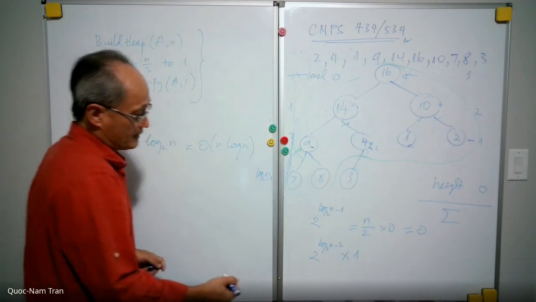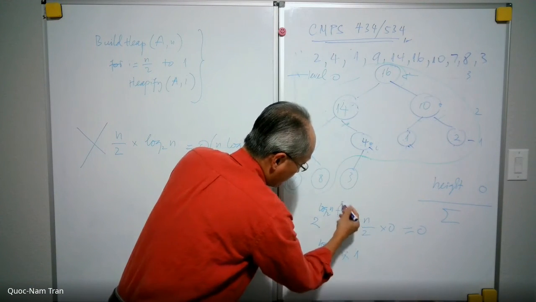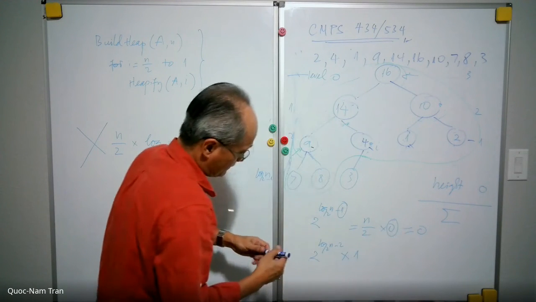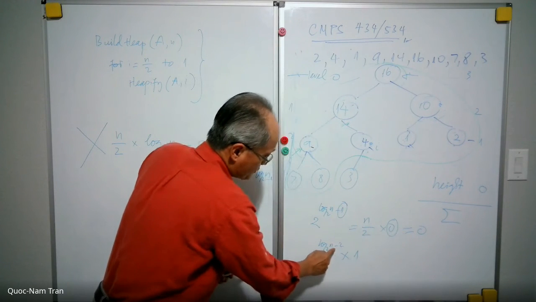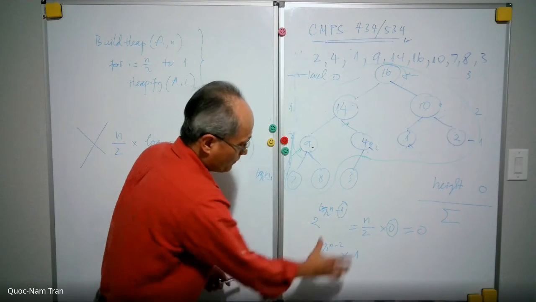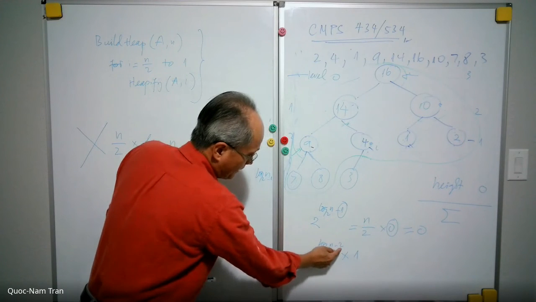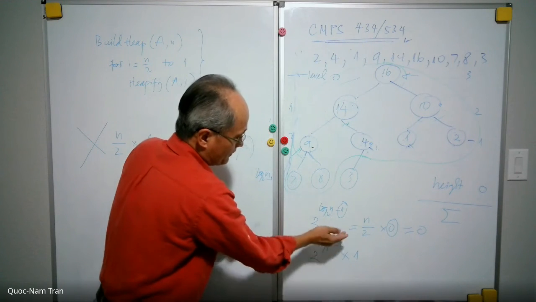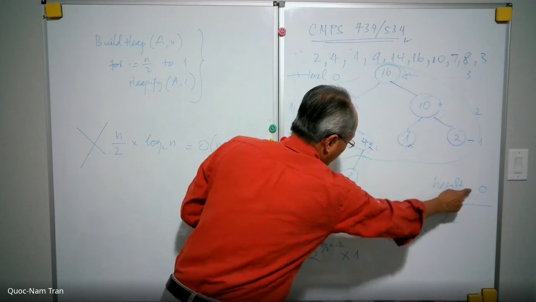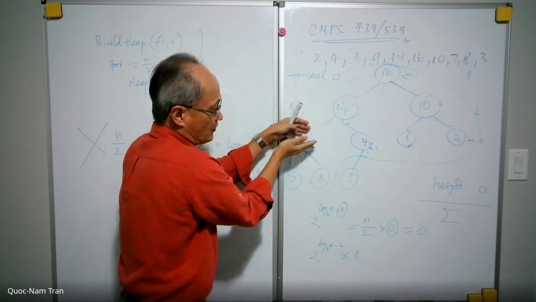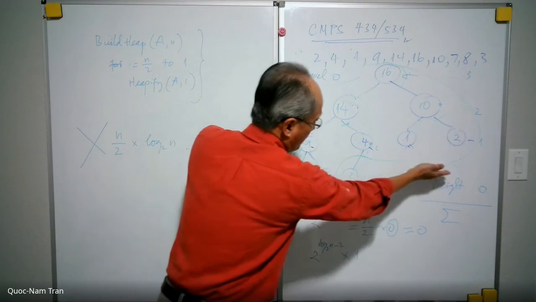Keep in mind that you can match the number here and the number here. This one, minus 1, we have 0, minus 2, we have 1, right? So when you add them, you always have minus 1. Or in other words, this one will be 1 less than this one. Because as I mentioned before, the last row, we have 0 heapify, right? The one before, we have half the number of nodes, and we have 1 more heapify.